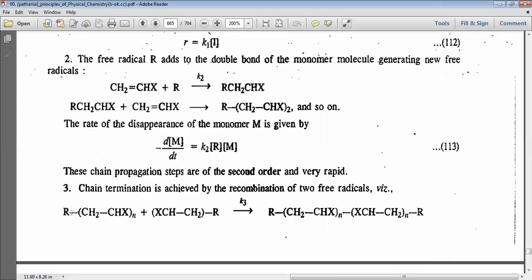So here R CH2 CHX whole n and X CH2 CH2 R combine to form R CH2 CHX whole n X CH2 whole n R. This is the final step, and here the rate constant is K3.